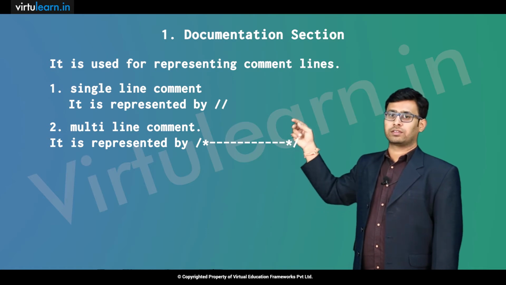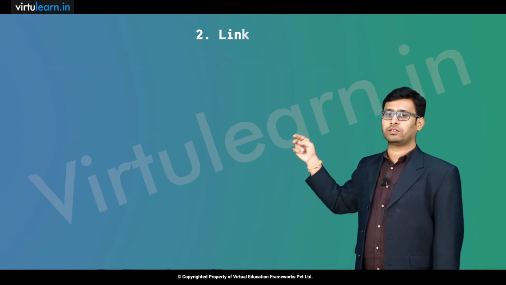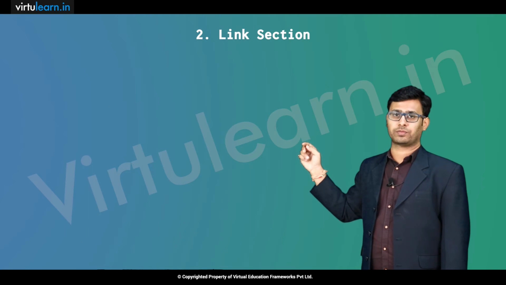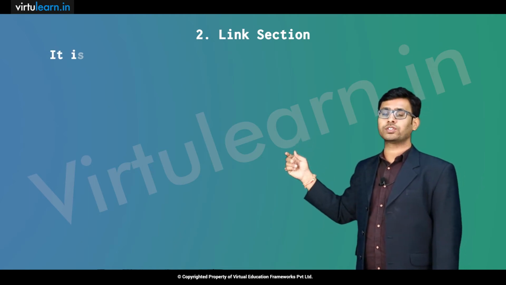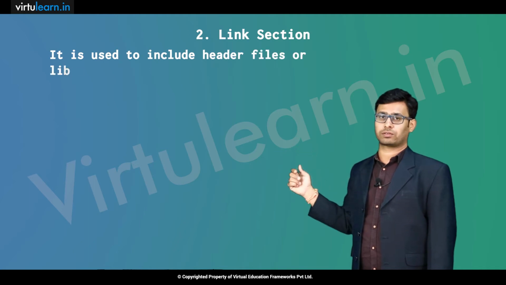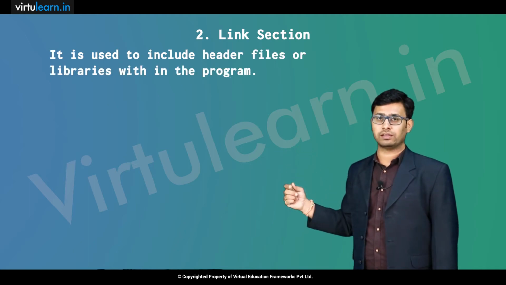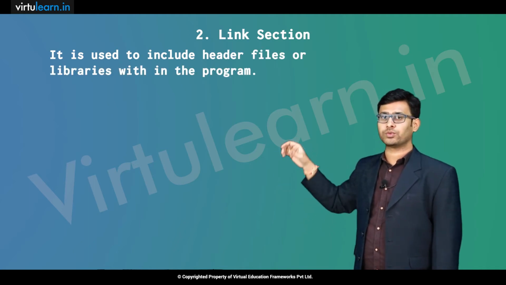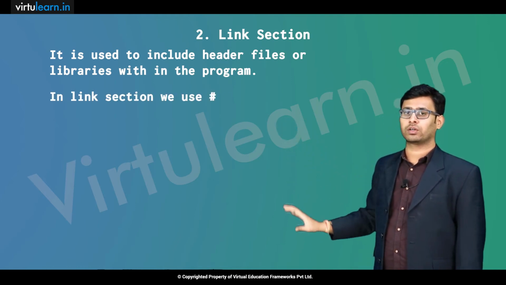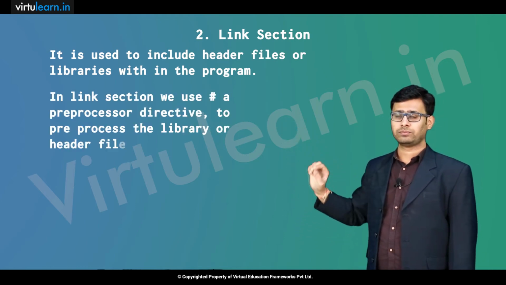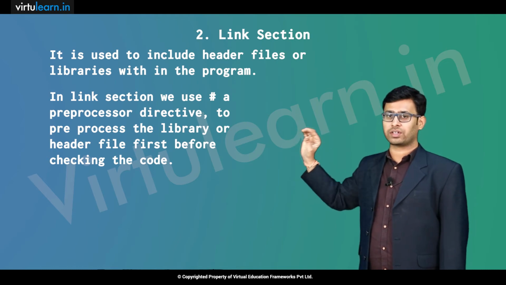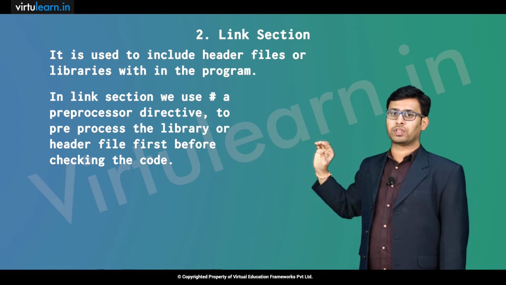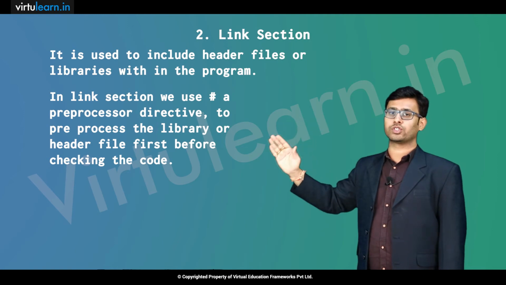We represent it with the help of a preprocessor directive, the symbol hash. We need to write it as hash include, and within the less than and greater than signs, write the library you want to invoke as part of your program.